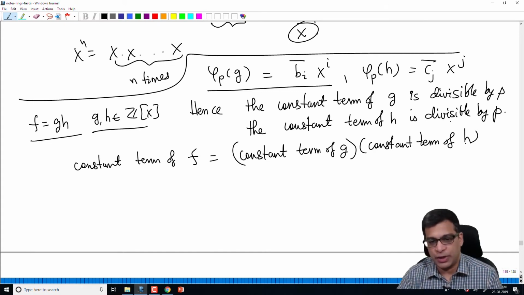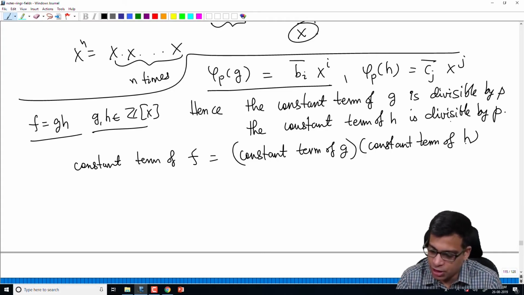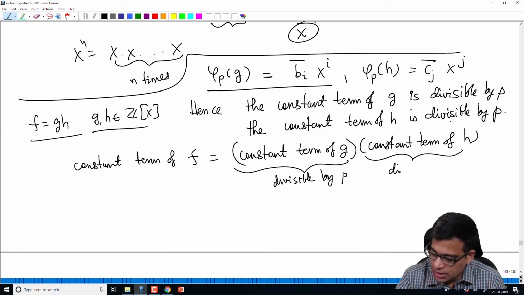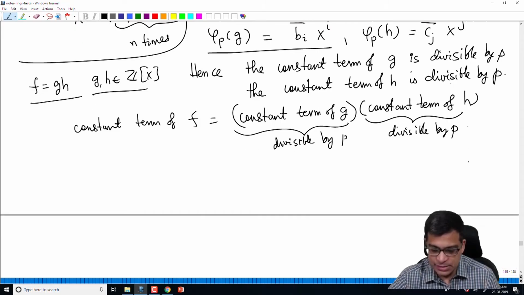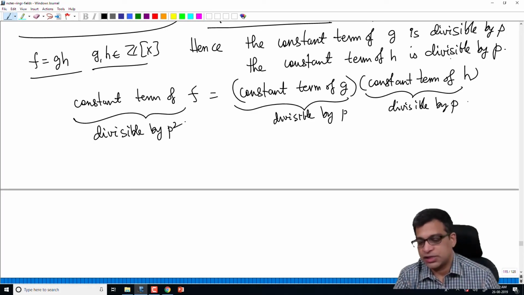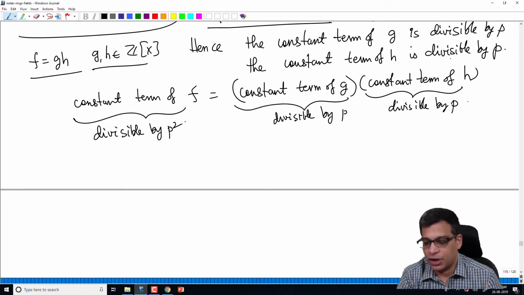Constant terms just multiply to give the constant term of the product. So this is divisible by p, this is divisible by p, hence the constant term of f is divisible by p squared, right? Because this is p times something, this is p times something, so the whole thing is p squared times something.